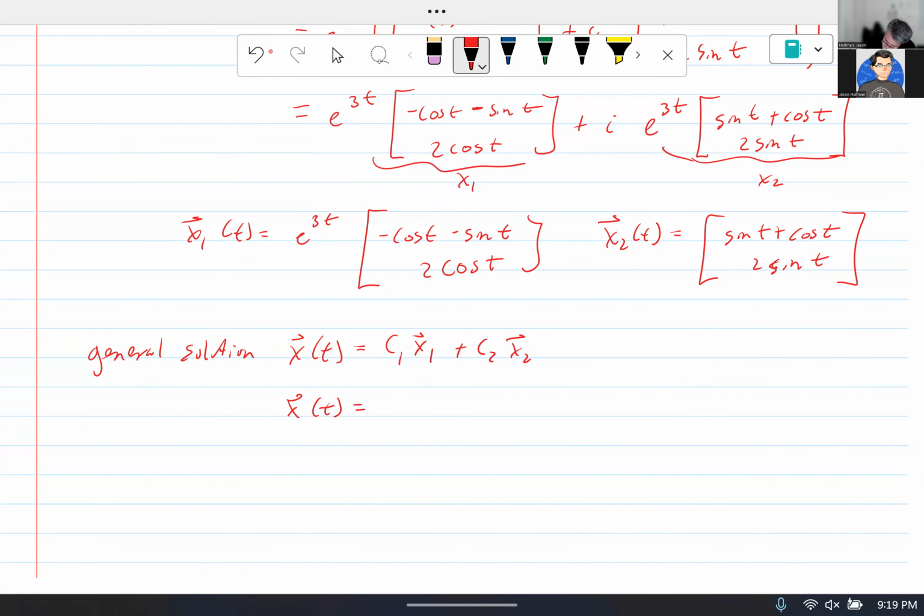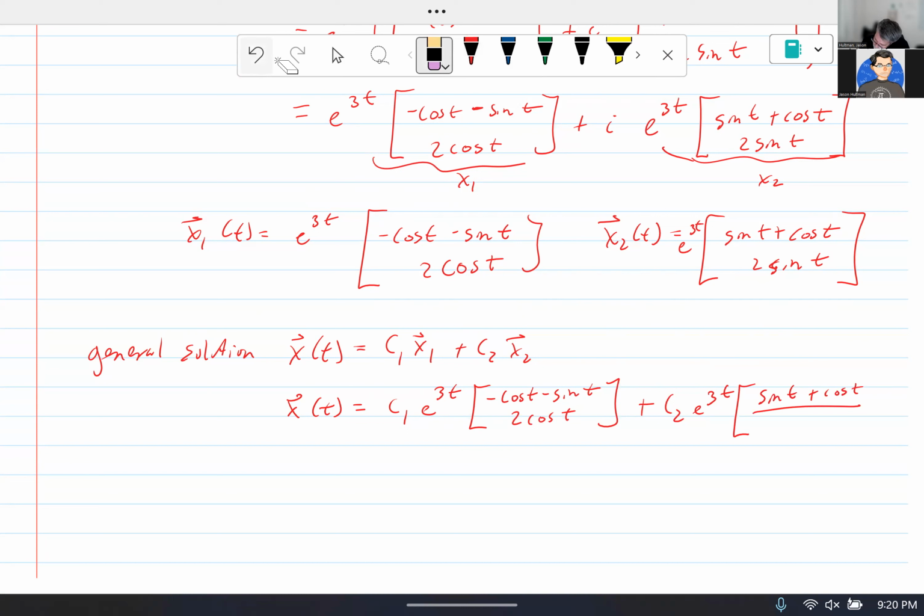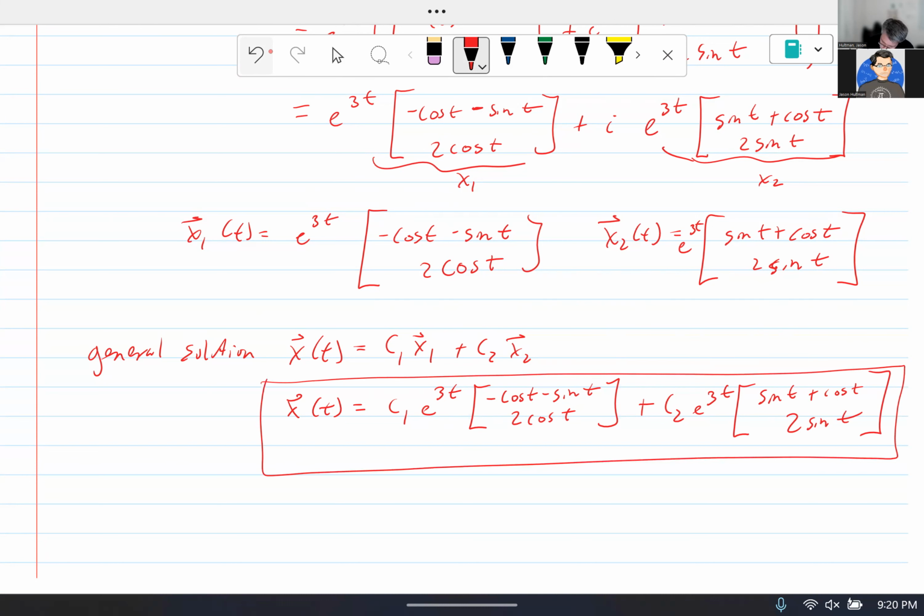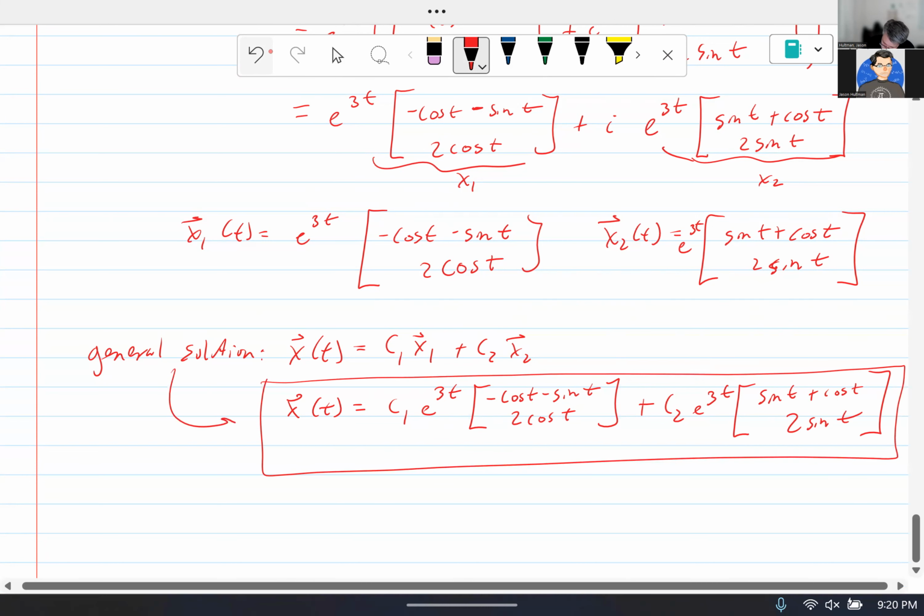So x of t is equal to c1 times x1, which is e to the 3t times negative cosine t minus sine t, 2 cosine t, okay, plus c2 times e to the 3t — oh, there's an e to the 3t that I forgot there — c2 e to the 3t times sine t plus cosine t over 2 sine t. Okay, and that's my general solution.